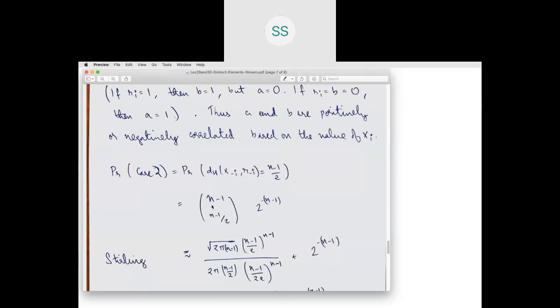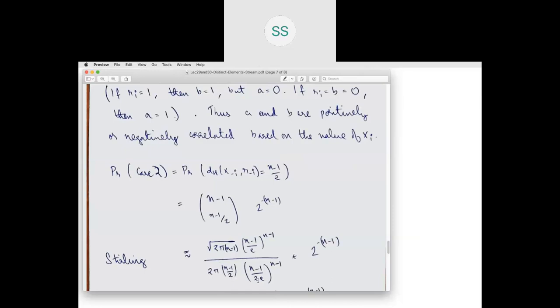So recall m factorial was square root of 2 pi m times (m divided by e) whole power m, right? So I write that here. The numerator is straightforward. The denominator, I have two (n minus 1) by 2 factorials occurring twice. So the square root of 2 pi (n minus 1), there are 2 times square root of 2 pi (n minus 1) by 2. So when you multiply square roots, you get the square, which is 2 pi (n minus 1) by 2.